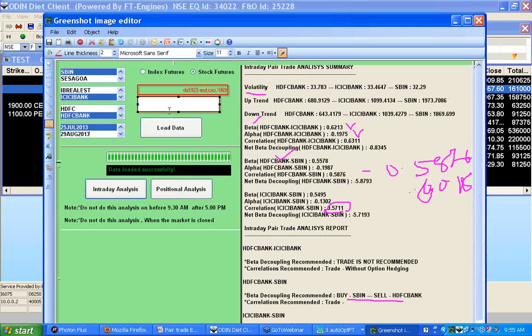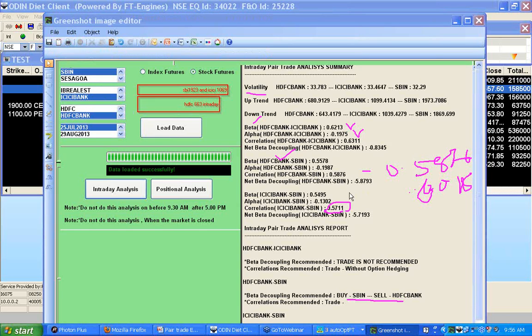So HDFC at 663, this is for intraday. Intraday analysis gives you this kind of thing, and you have to exit purely on an intraday basis. You cannot carry this position to the next day because the analysis is based on intraday.